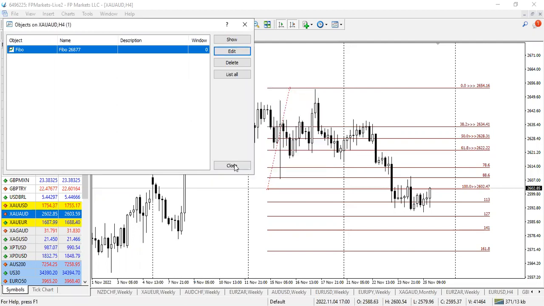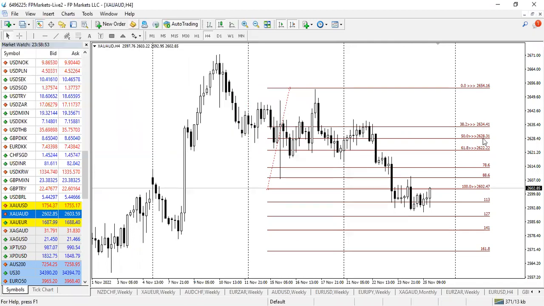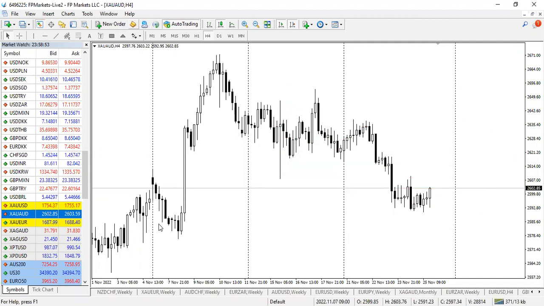It brings out the price value at 0, at 38.2, at 50, at 61.8, and on and on. You keep putting it in. I can add for 78, and on and on. All right, then, I have set my Fibonacci tool.